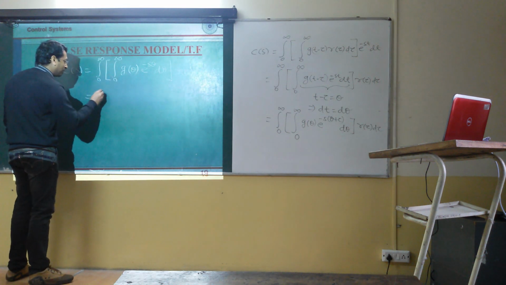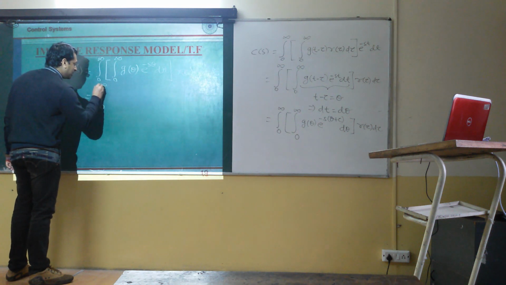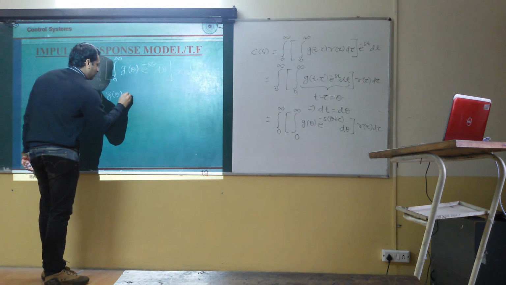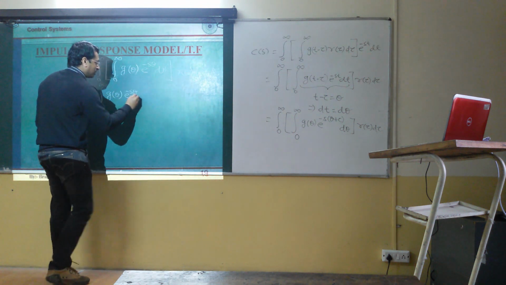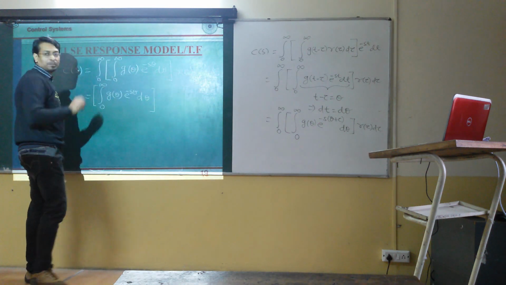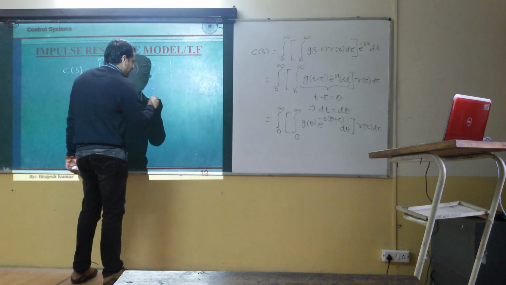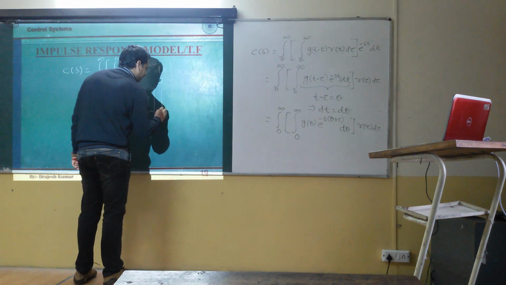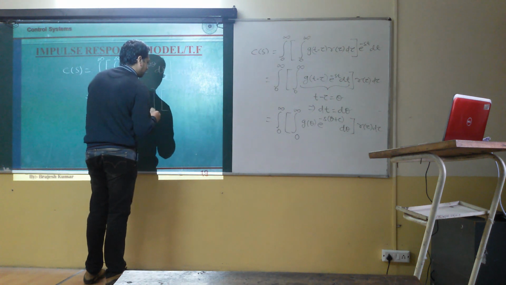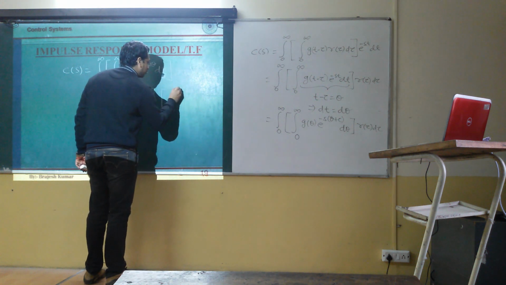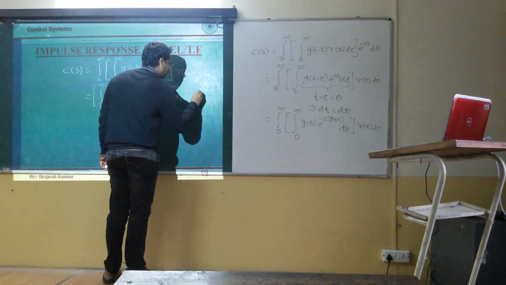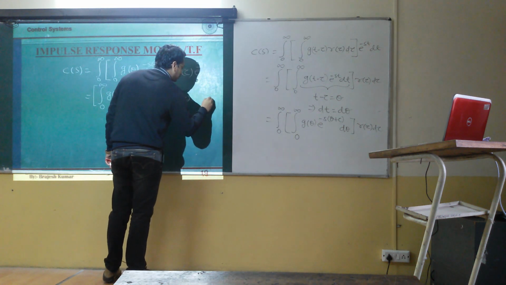This can alternatively be written as the integral from 0 to infinity of g(theta) e to the power minus s theta d theta, which I have separated, multiplied by the integral from 0 to infinity of r(tau) e to the power minus s tau d tau.